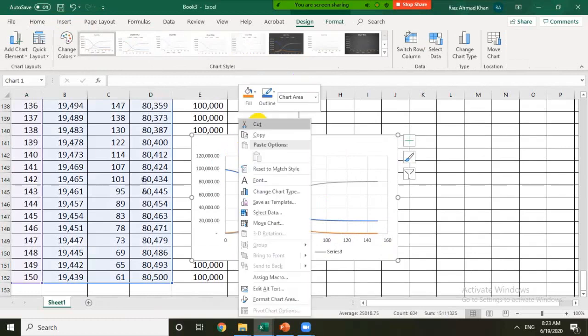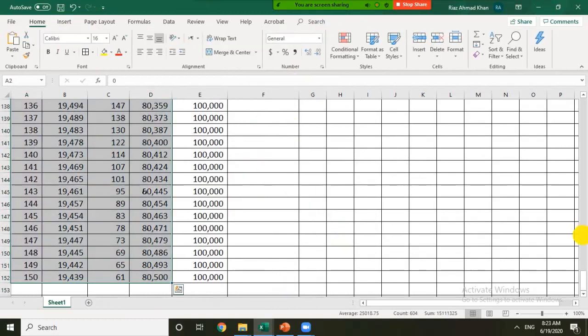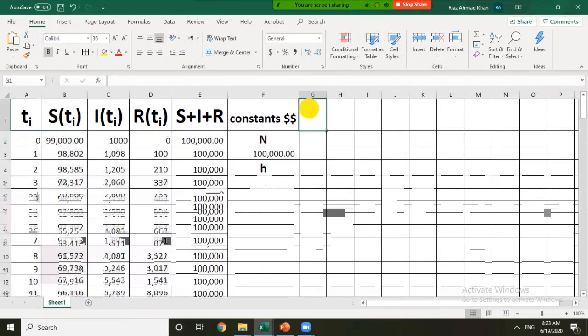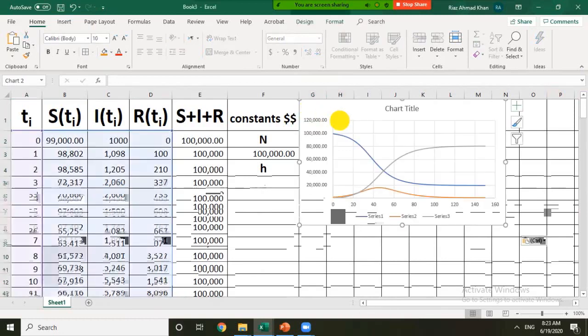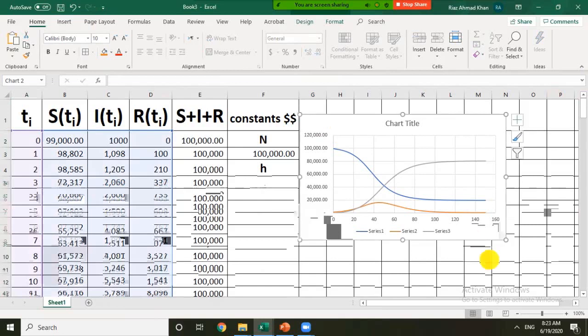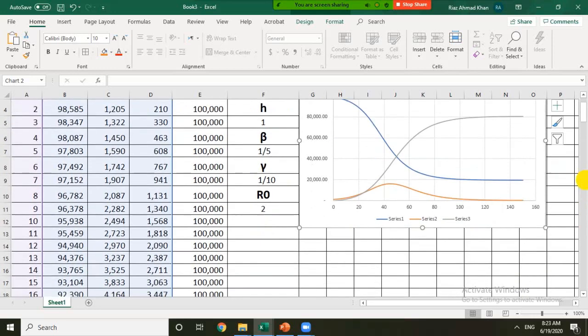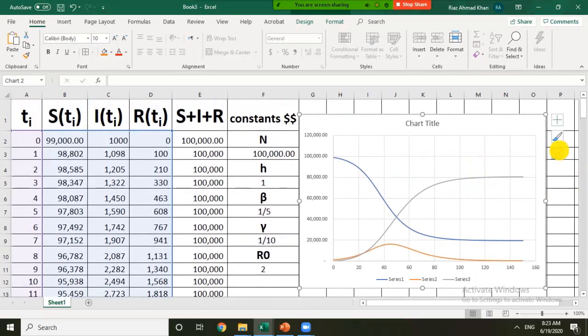So let us cut it from here and paste it here. We can also edit it.